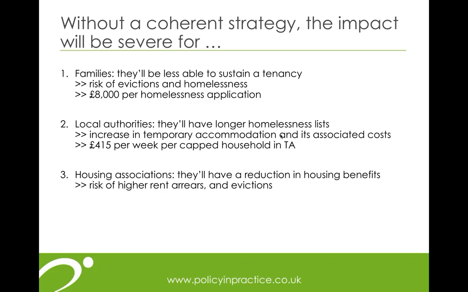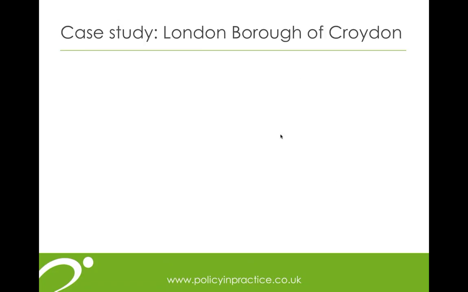So we worked with a number of authorities that have close partnerships with their housing association partners, possibly those working with arm's length management associations, or those that have their own stock. And they've been using this data to, again, be proactive in how they target support, so that they can mitigate the impact on rent arrears and evictions later on down the line.